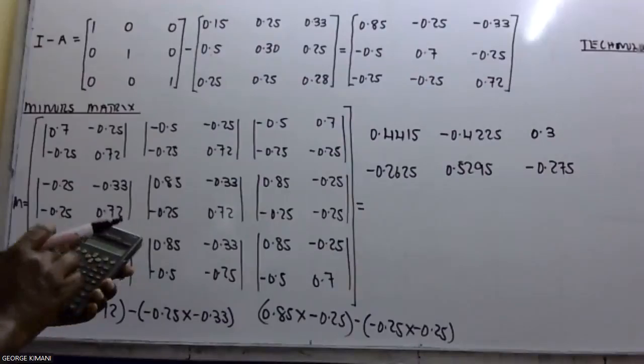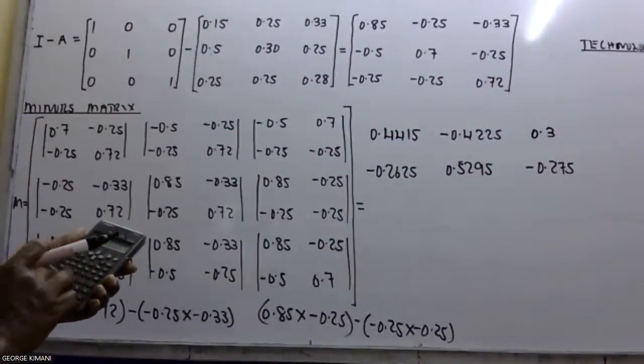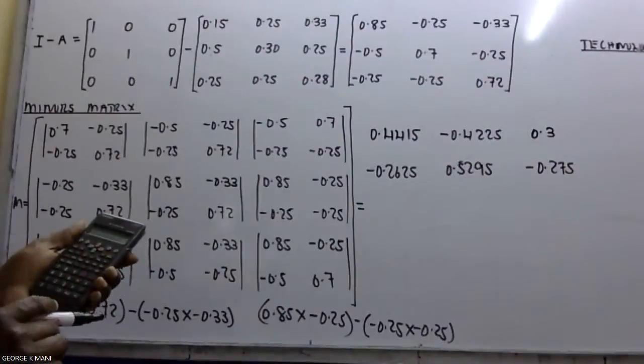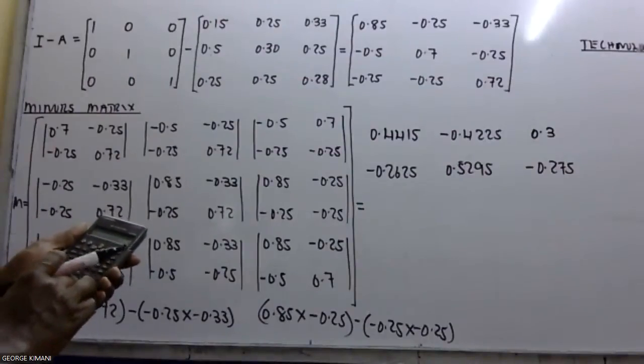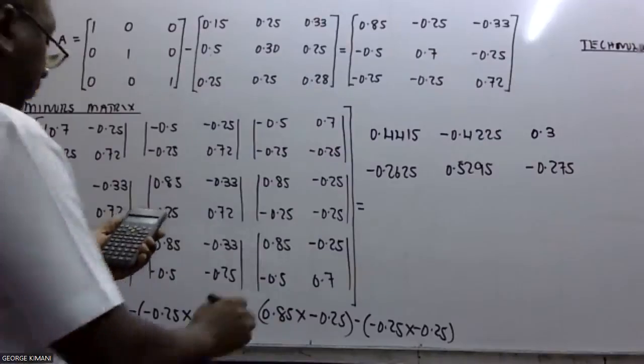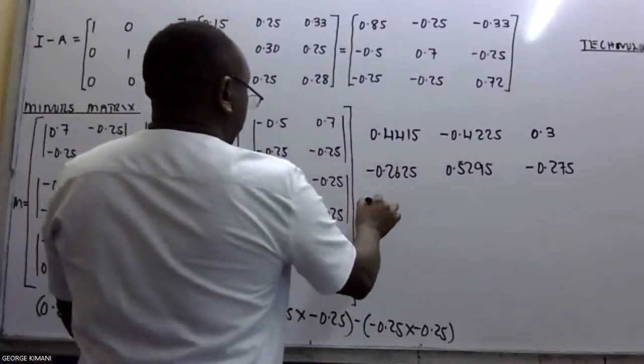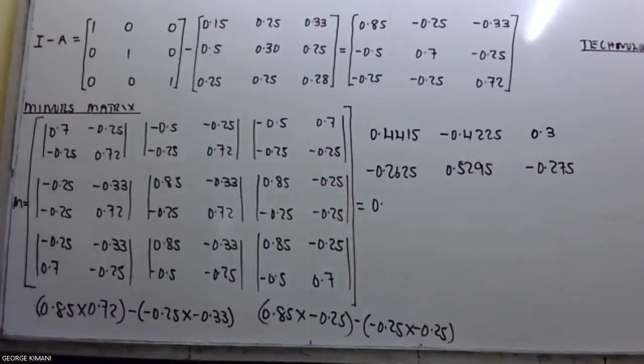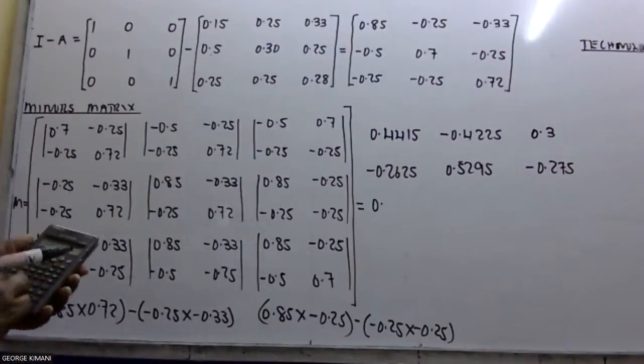Then you say minus, open the brackets, minus 0.33 times 0.7, close the brackets, and then you say equals. I'm getting 0.29. Okay.